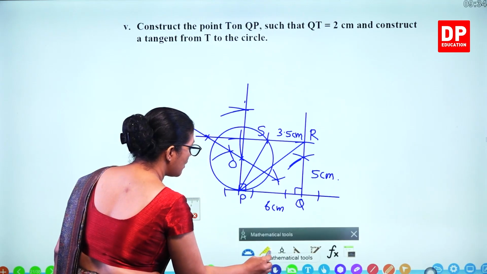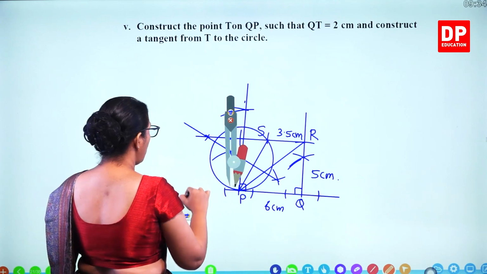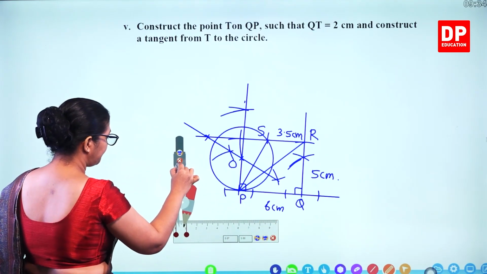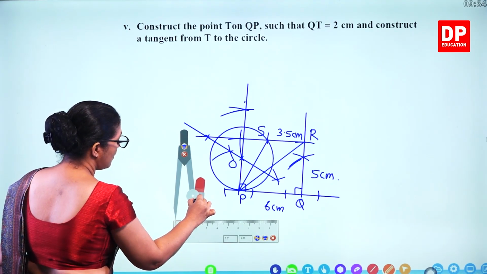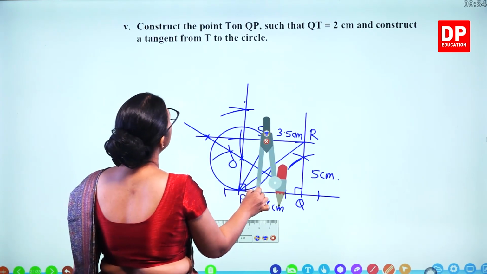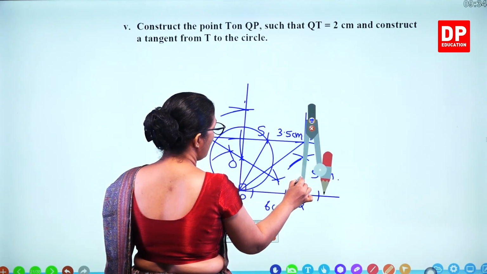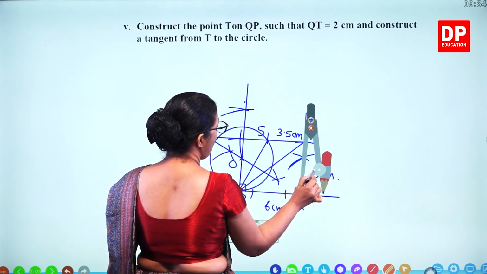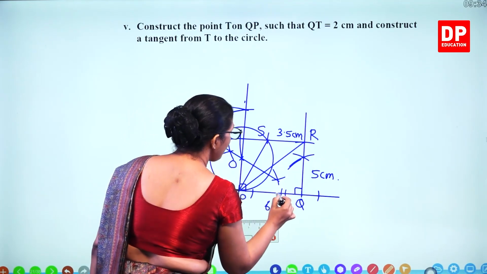So we have to take the ruler and the compass and take only 2 centimeter length. That's QT is 2 on PQ. So here we can mark the T point here. This is T.